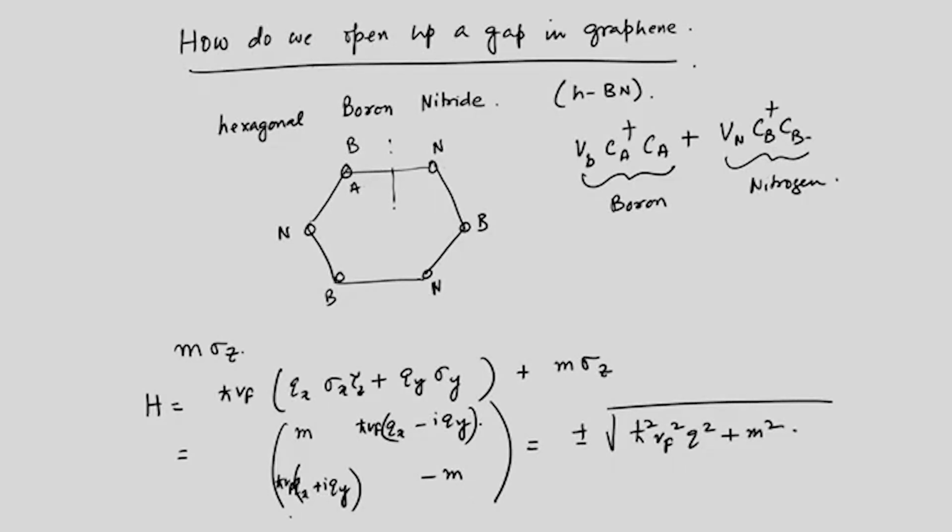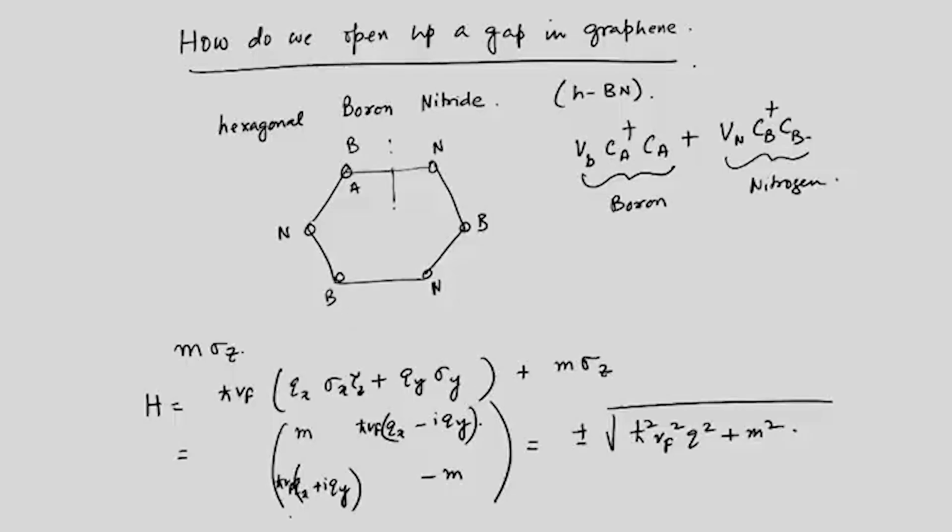Now, it can be shown that the opening up of this gap does not correspond to any topological insulator. In fact, it has a name, called a Semenoff insulator. So, for non-zero m, a gap opens up, and this is called a Semenoff insulator.